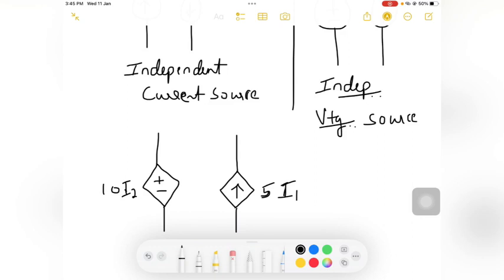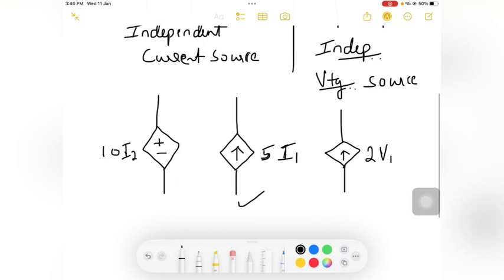If I take it, it is a current controlled current source. Similarly, for a voltage controlled current source, if I take a 2 amps current, it is controlled by a voltage, let me take as V1 or V2. So this is a current controlled current source.